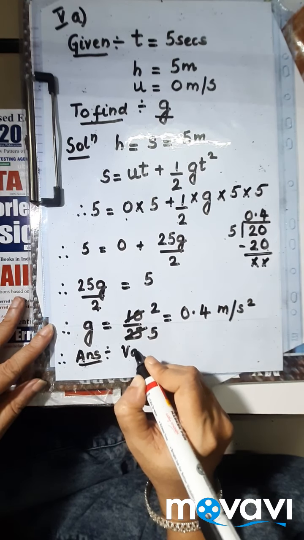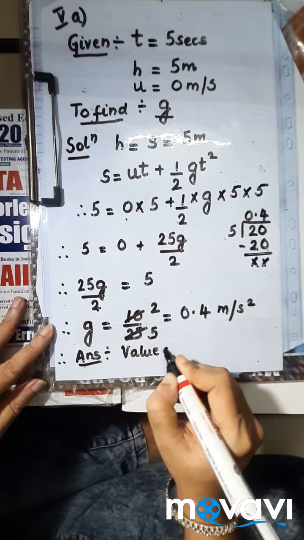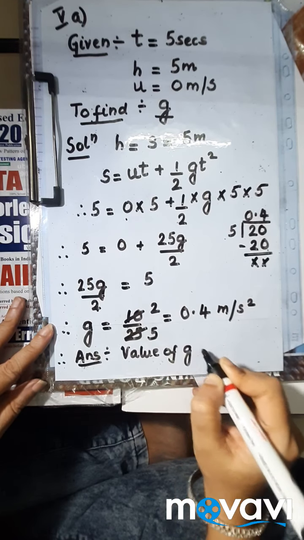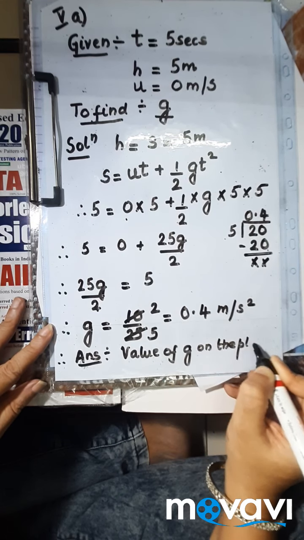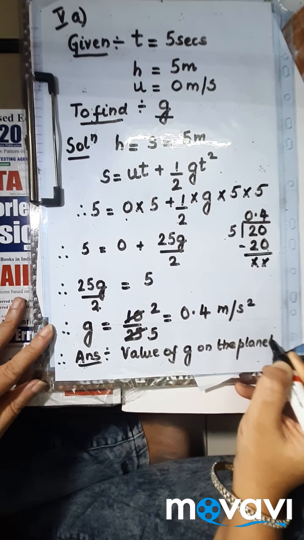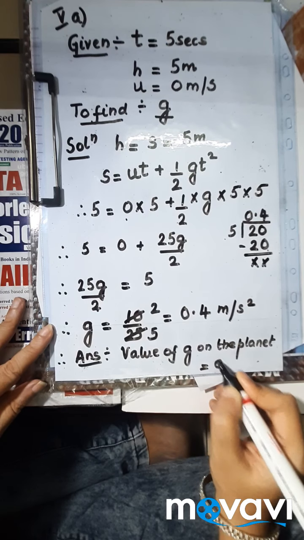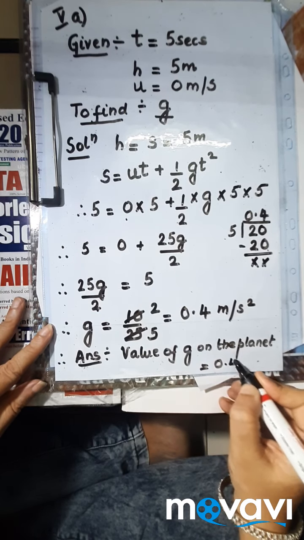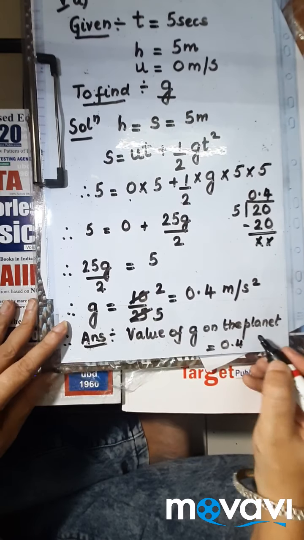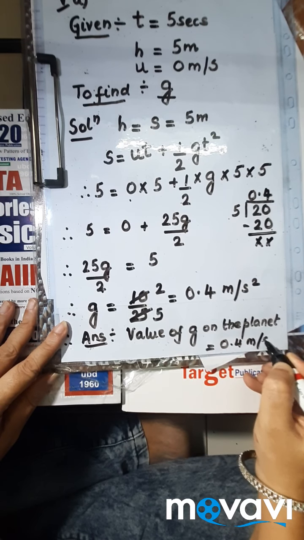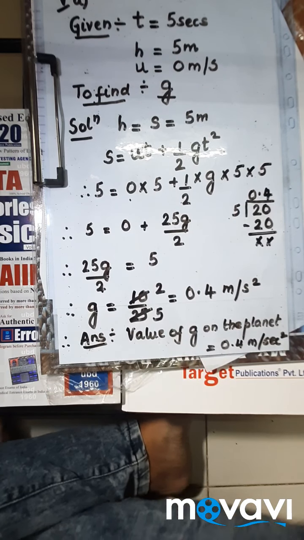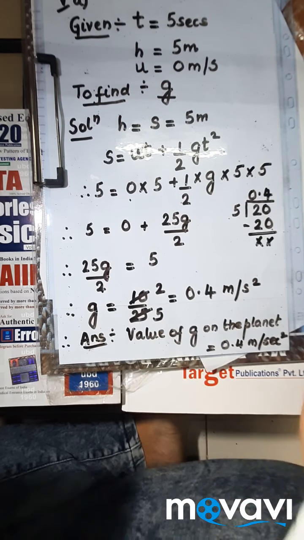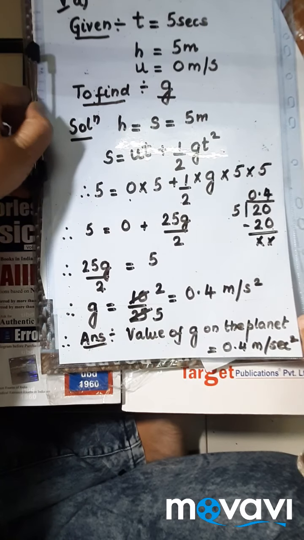Value of G on the planet equals 0.4 meter per second square. Now this is my first numerical. Do not get scared of these numericals.